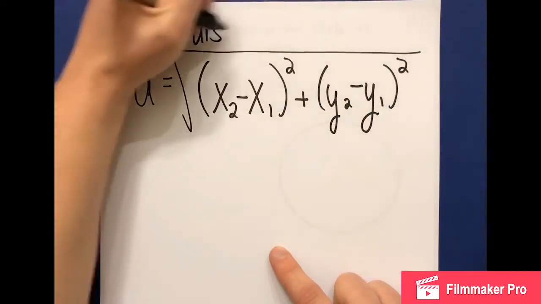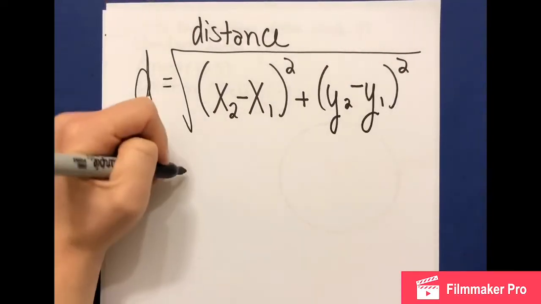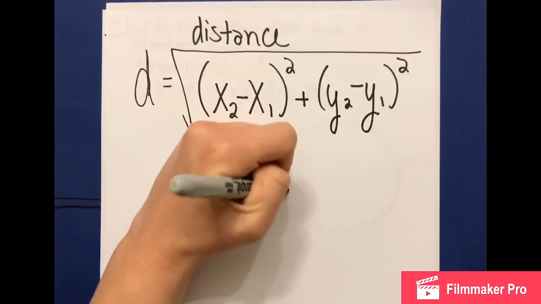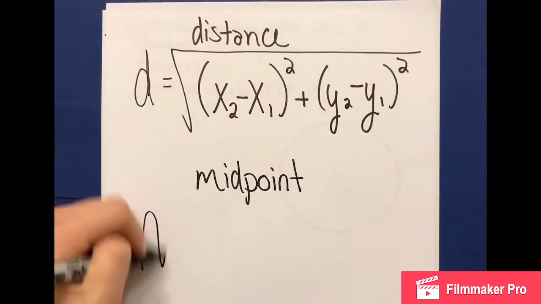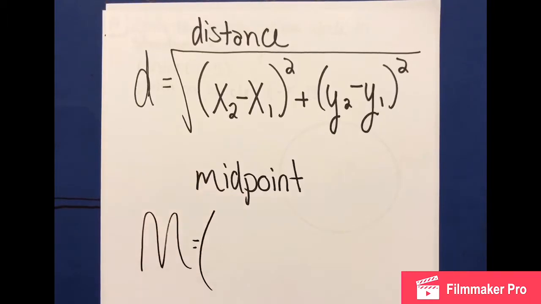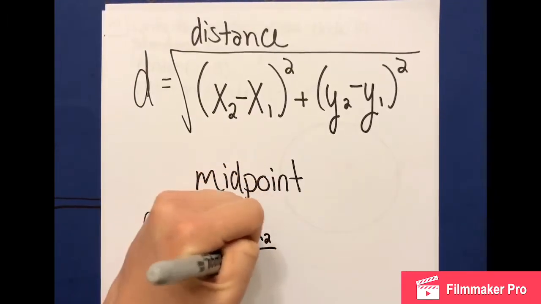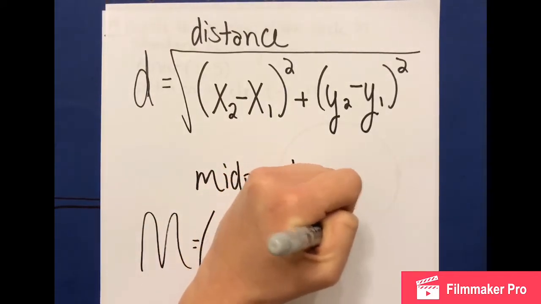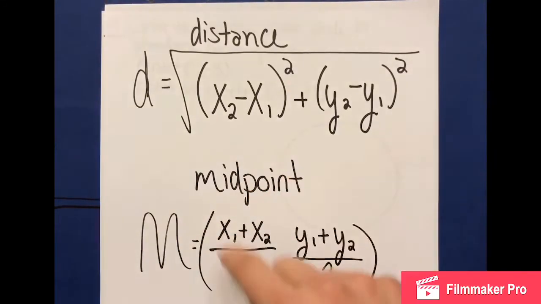This is distance, so you're finding the distance between 2 points. The other thing that we're going to end up needing is midpoint. Think averaging here. So the midpoint is equal to the average of the x's, so x1 plus x2 divided by the amount, so 2. Average of the y's, y1 plus y2 over 2. So that's the midpoint formula and distance formula. You're going to be using these.